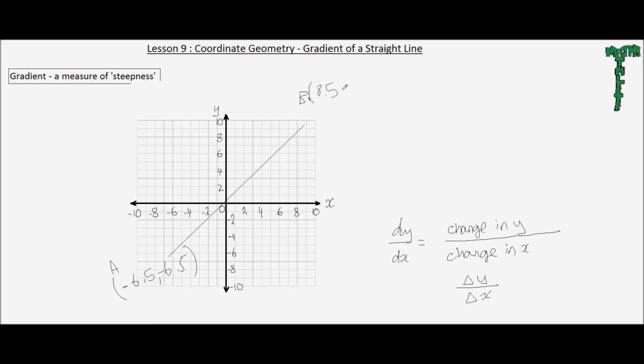I'll just say 8.5. I want to write it simply, I don't want too many decimals. And you have 9.5 here. So say we had these two.